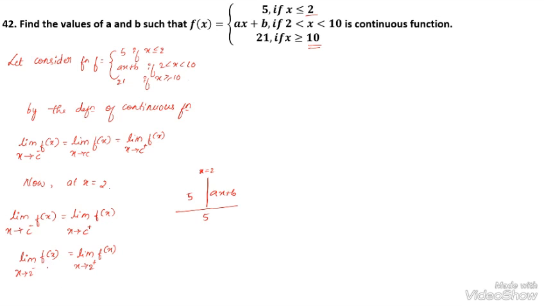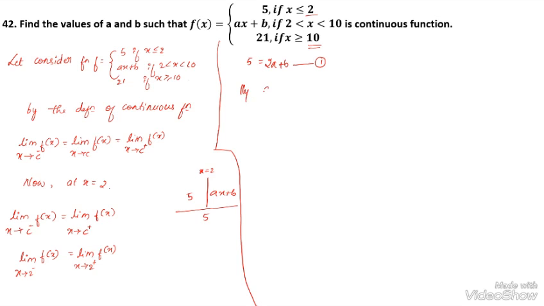At 2 minus the given function is 5. Substituting in the function for 2 plus, wherever there is x I substitute 2, it becomes 2a plus b. This is equation number 1.